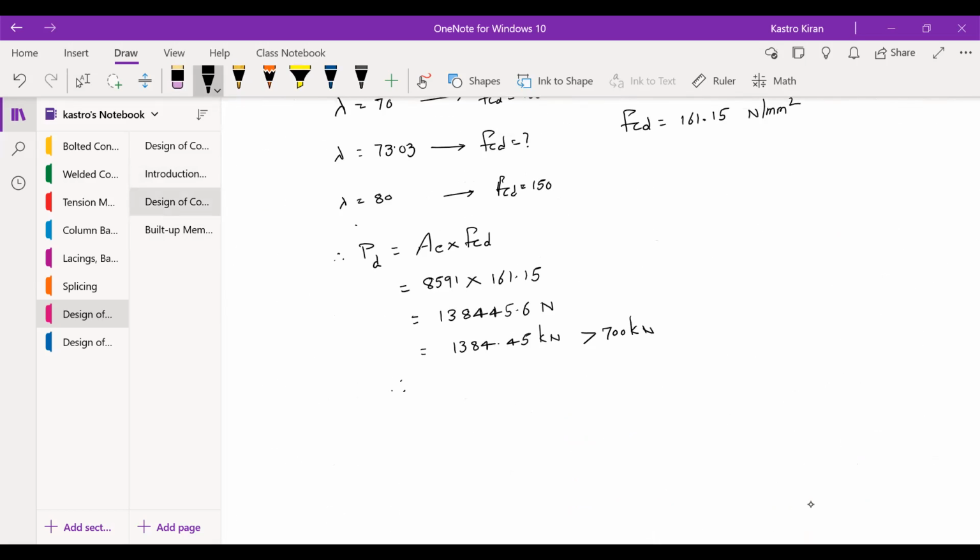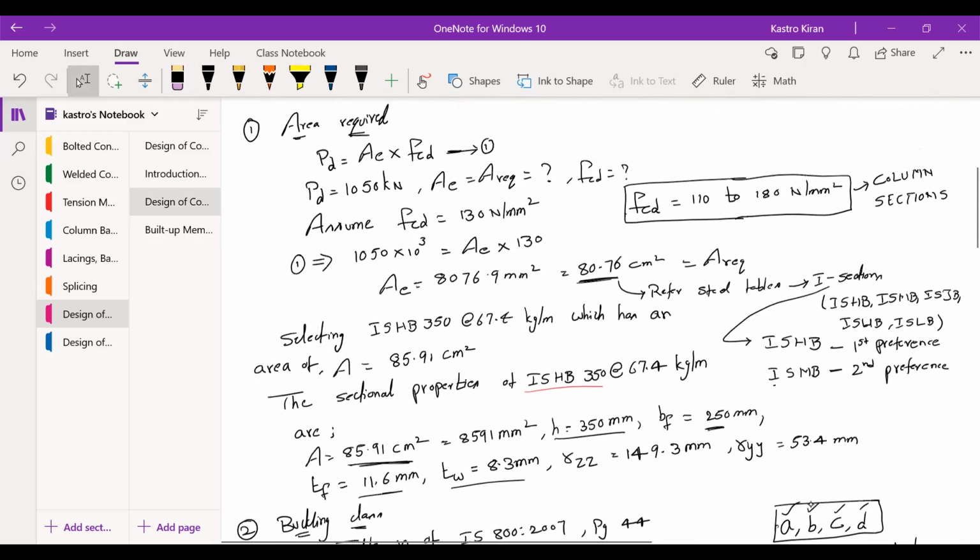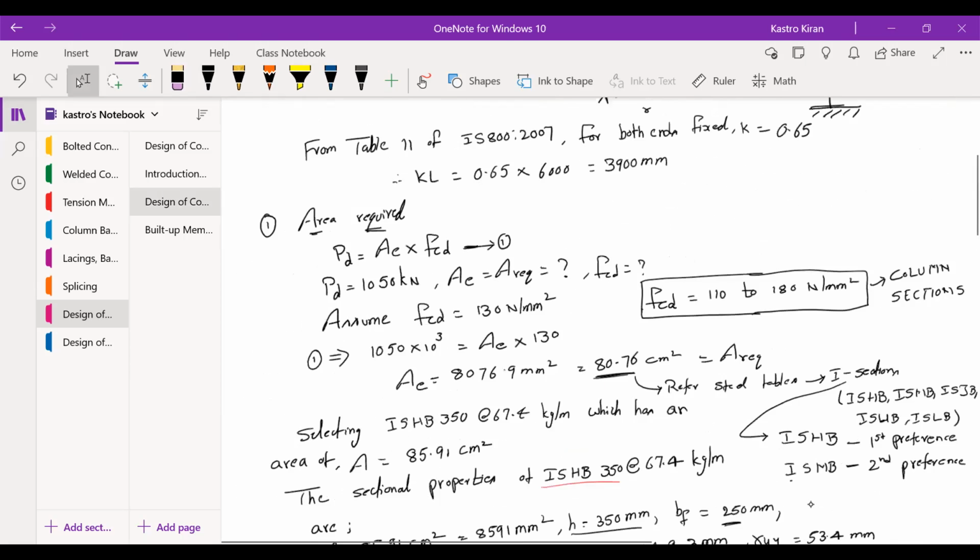So therefore, the selected section is safe. That is, the section which you have selected, ISHP 350, is safe to carry the load. Sorry, here it is not 700. 700 is the working load, but the design load we have to take is the factored load. What is the factored load?